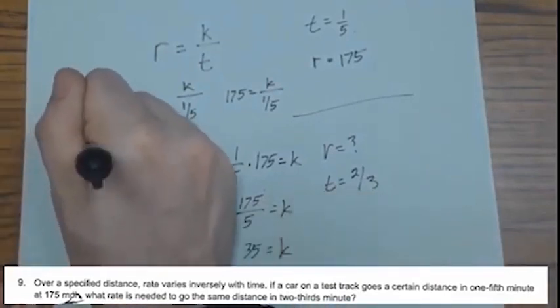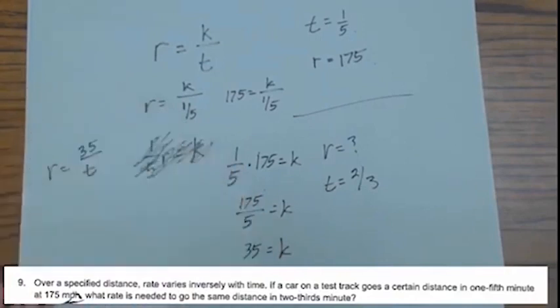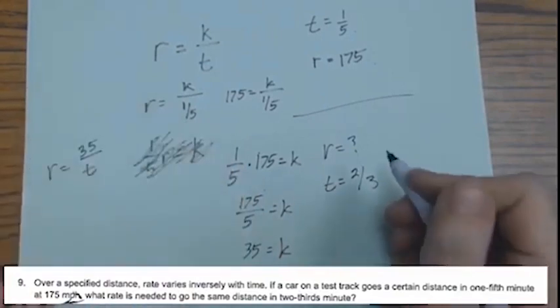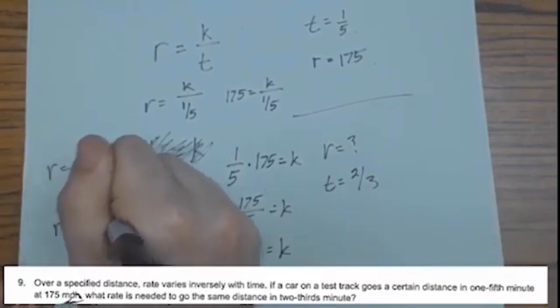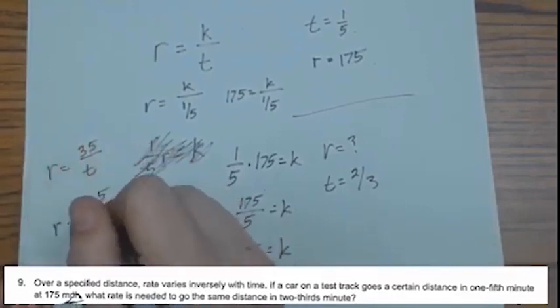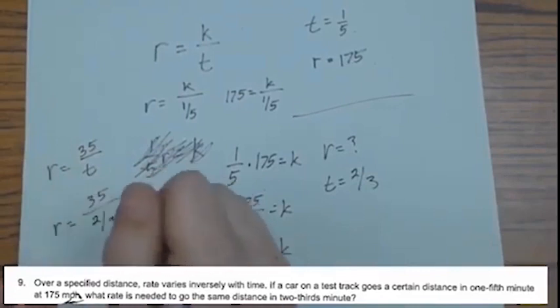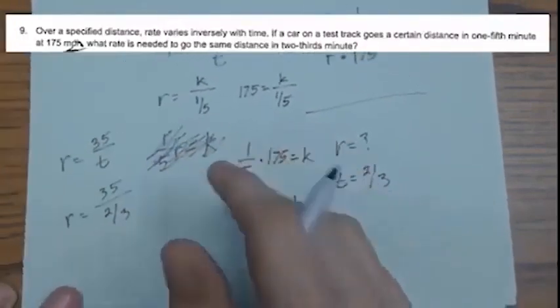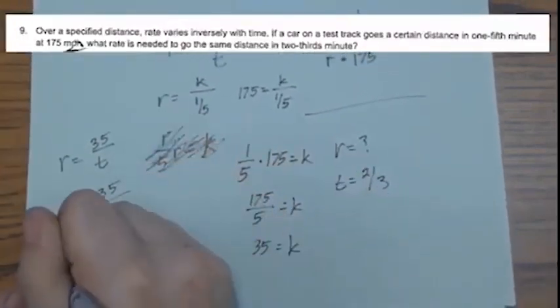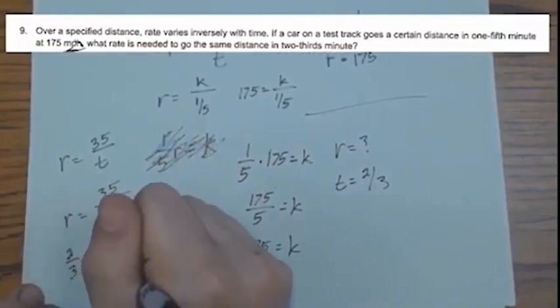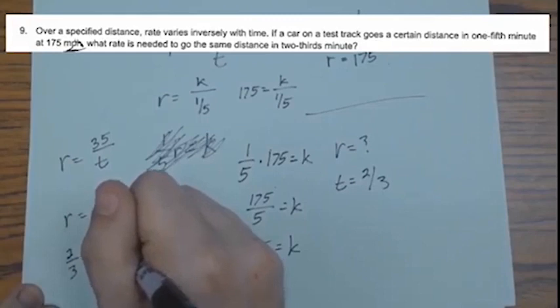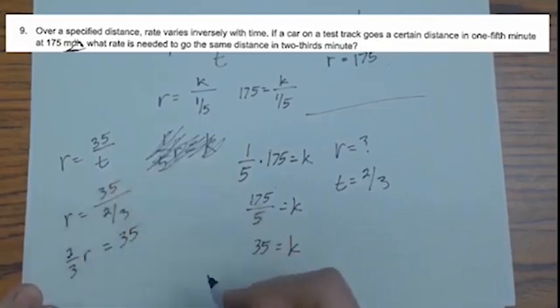R equals 35 over t. What is R when t is 2/3? Again, since we're dividing by 2/3 and we want to undo that, multiplying both sides by 2/3 will do that. 2/3 R equals 35.